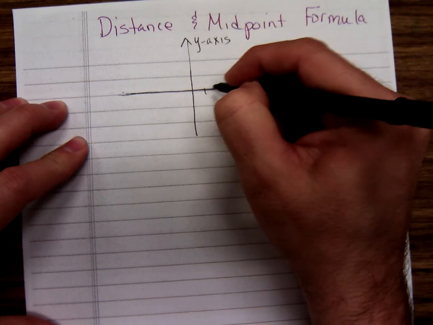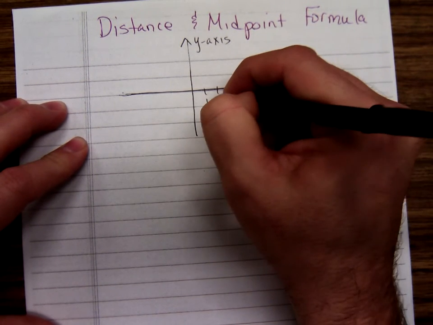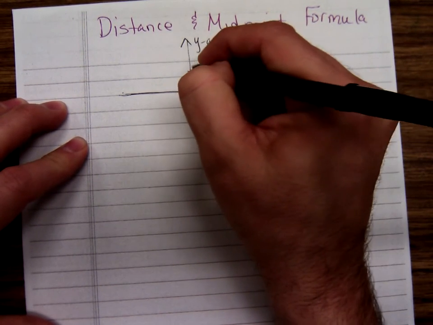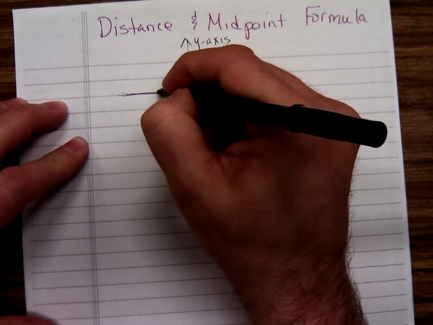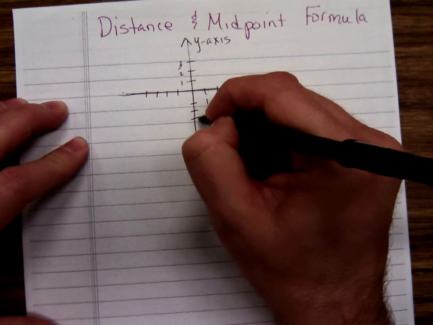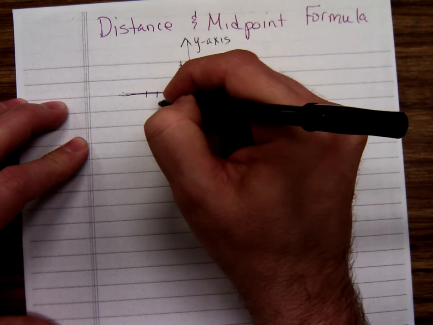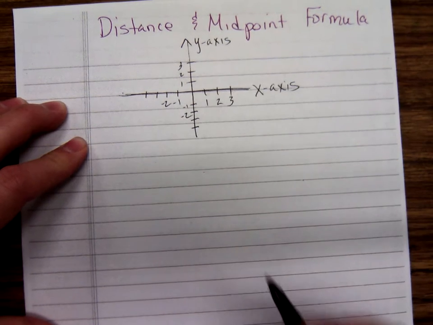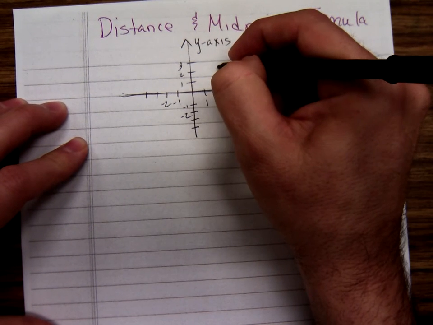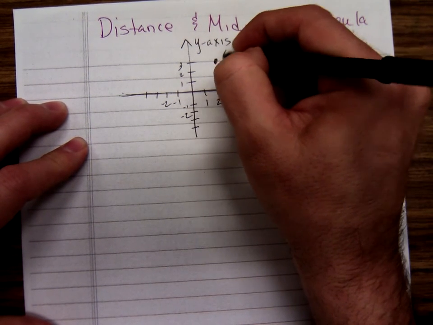And we have positive numbers going to the right and up, and negative numbers going to the left and down. We plot ordered pairs in the form x, y.